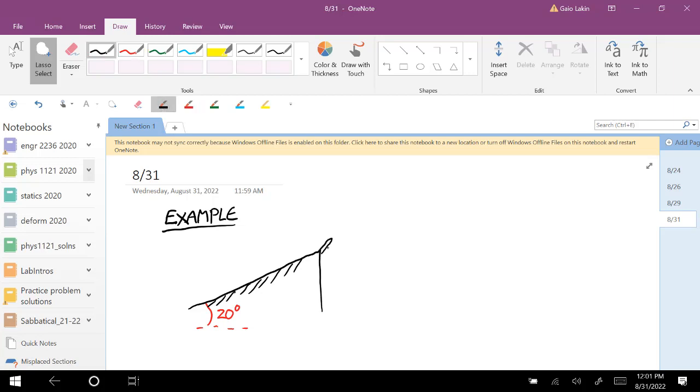And a pulley that connects a 5 kilogram block on this side with a 1 kilogram mass hanging on the other side.